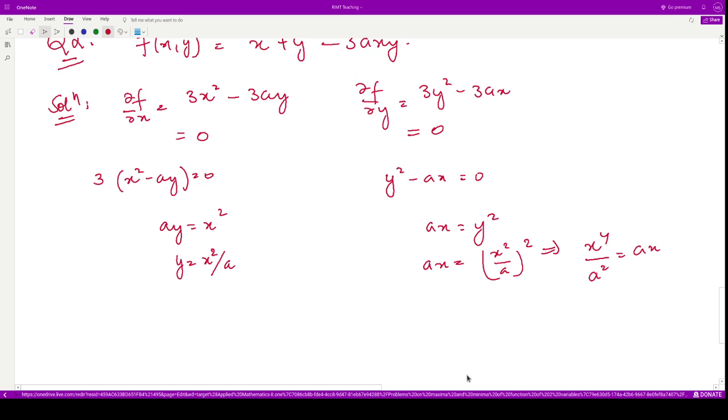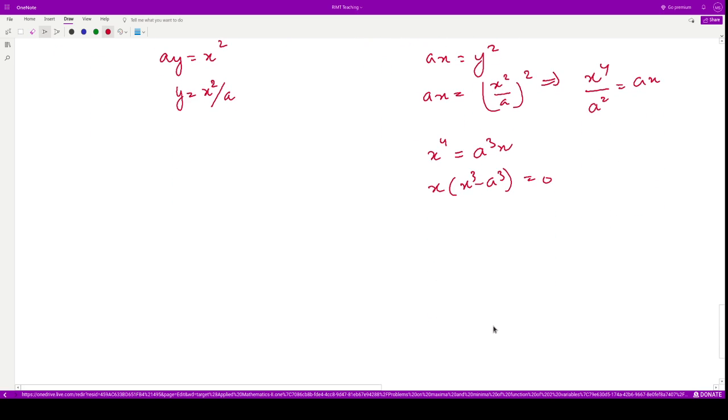So it would be x to the power 4 is equal to a cube x, right? So x into x cube minus a cube is equal to 0. This is the equation. From here we have to see all the possible points. We cannot simply say this quantity is equal to 0 and not talk about this.